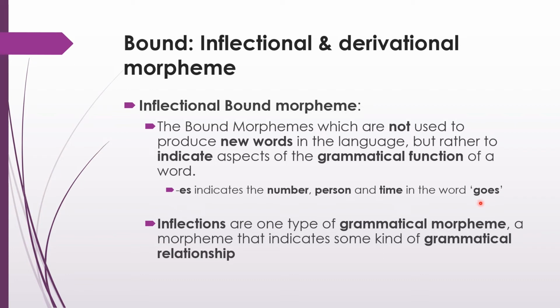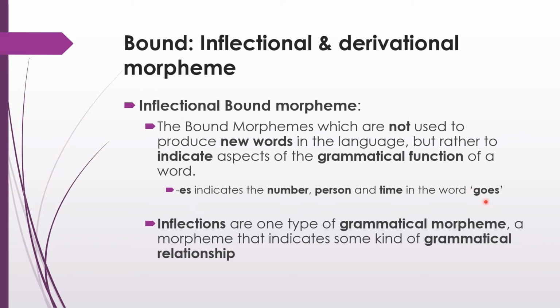We are referring to only one person, so the number is one, and that's why it is goes. We are referring to he and she, that means third person, and that's why we use goes. If it is I or you, we would be using go.